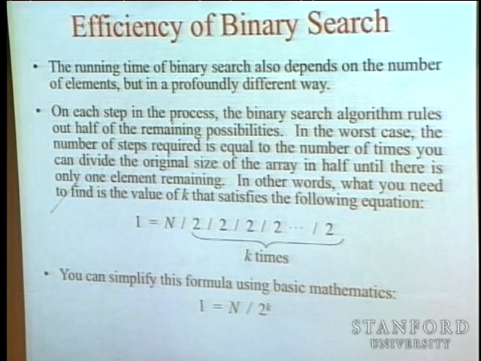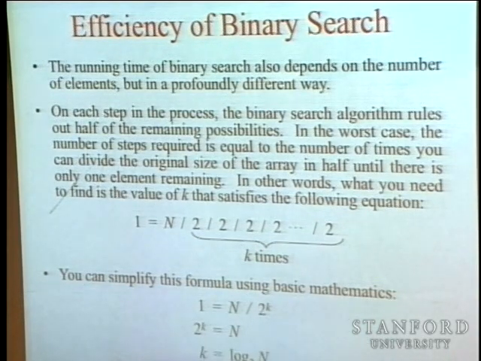N is the size of our data set. We want to find k, which is the number of times we divide n by 2. Okay? So we can rearrange that by multiplying each side, and then the only way of solving that is to find k by taking the base 2 logarithm of n. You could find it by inspection, but you could also type this into your calculator.